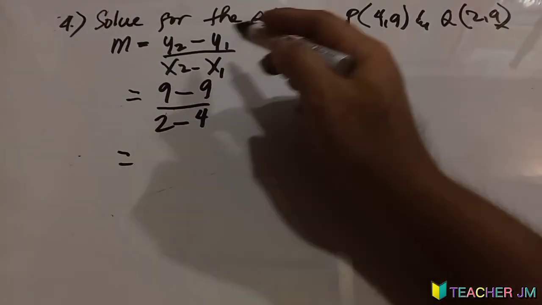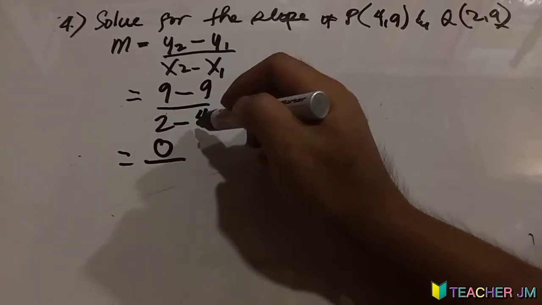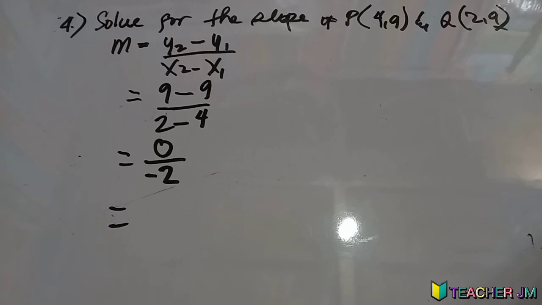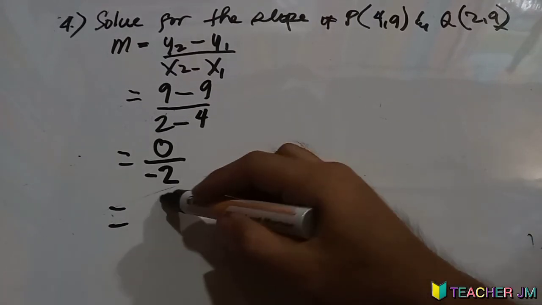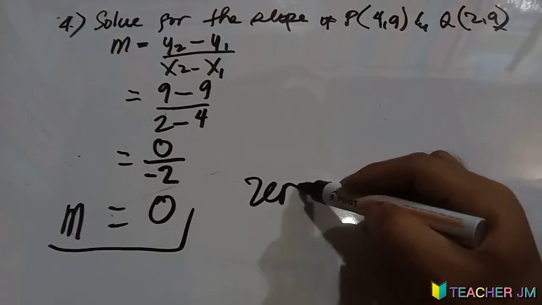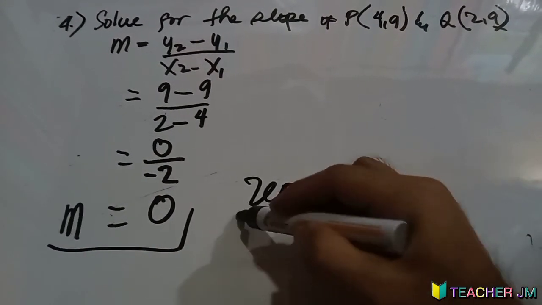Equal 9 minus 9, that is 0 over 2 minus 4, that is negative 2. And then equal 0 divided by negative 2, that is 0. So, ibig sabihin, ang ating slope ay 0 slope. Nakuha.